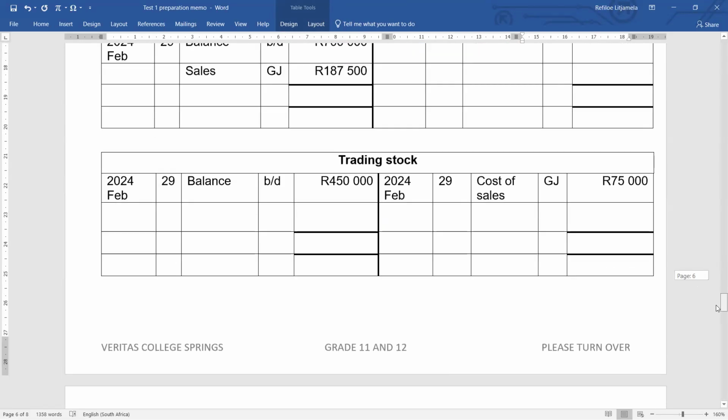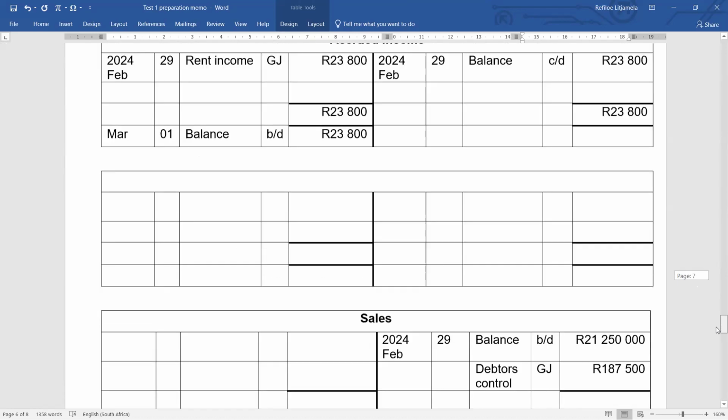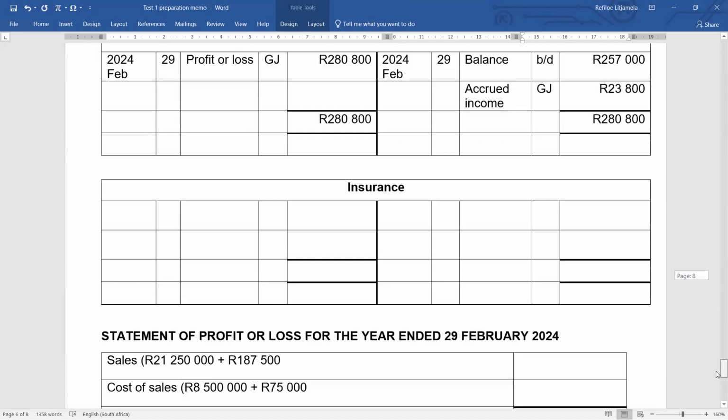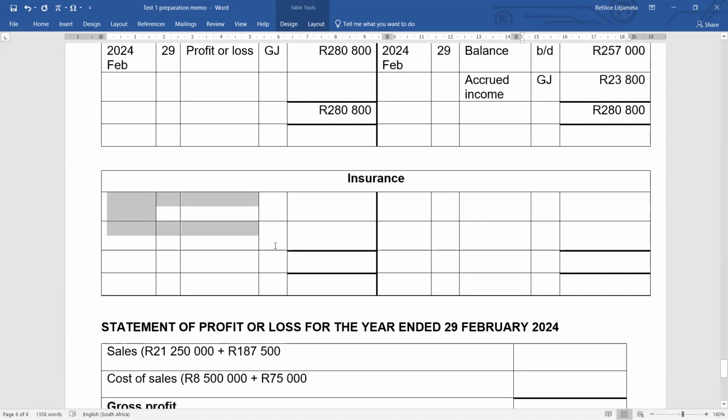And when you go to your insurance expense account, you will have the entry there.